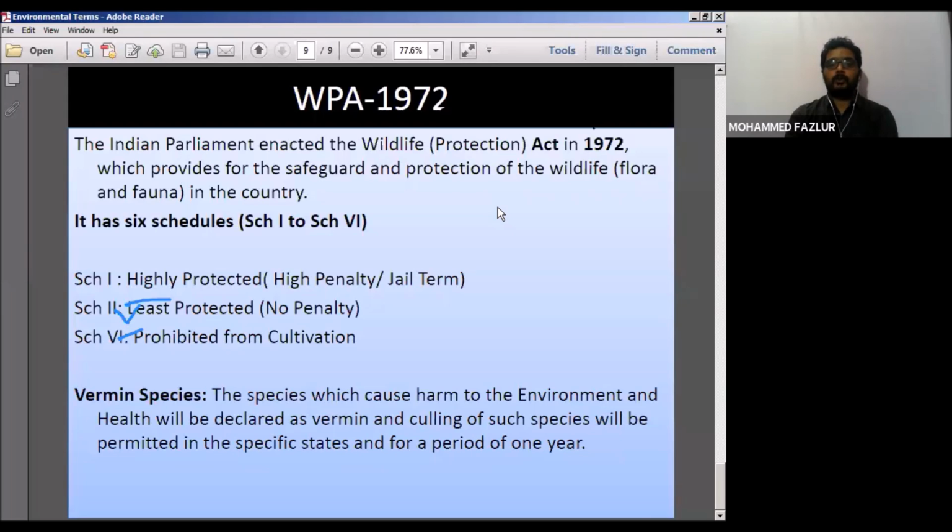That's why we should know the background of the WPA Act and its 6 schedules, Schedule 1 to Schedule 5, which are specifically related to animal species, and Schedule 6, which is prohibited from cultivation, and what is that list. For example, if India identifies more species under Schedule 6, then this might be asked in your examination.